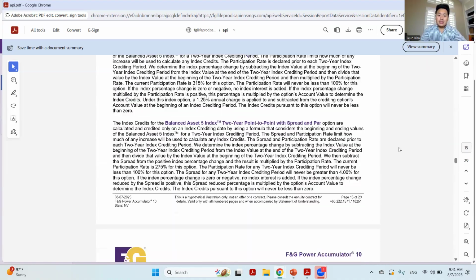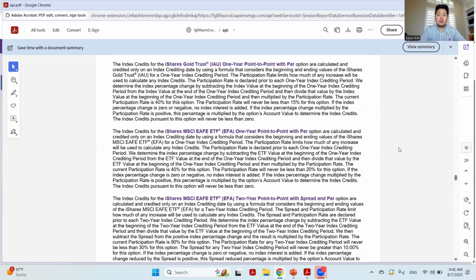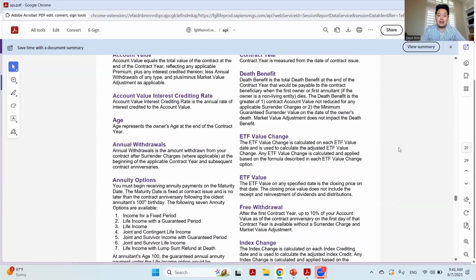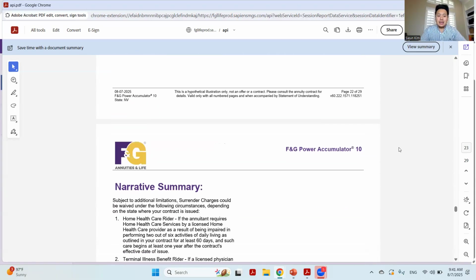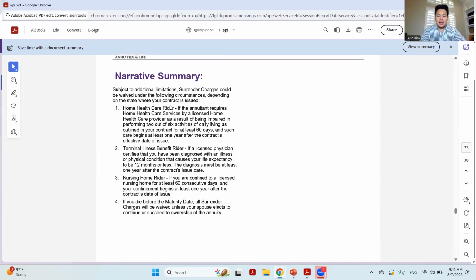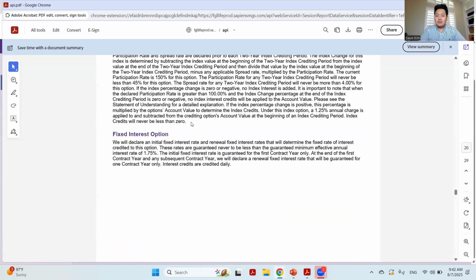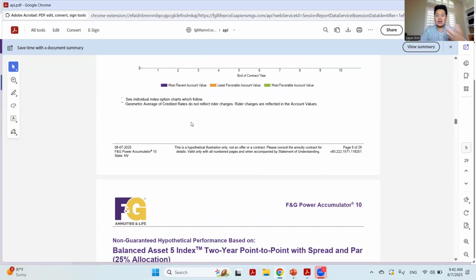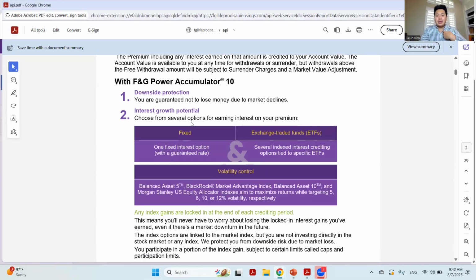Okay. And also in an extreme circumstance, if the client had a really serious health issue come up, like a long-term care situation where they can't do 2 out of 6 activities of daily living, or they have a terminal illness, or nursing home, if they were to be in any of these three things, they'll waive the entire surrender fee and everything, and the client can take out the money right away.